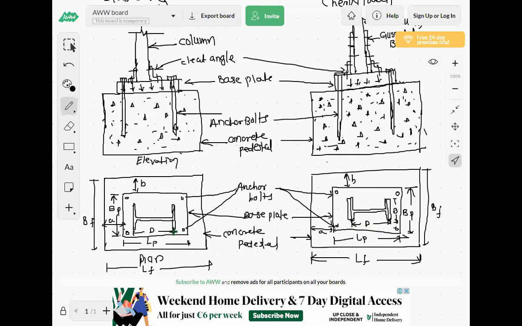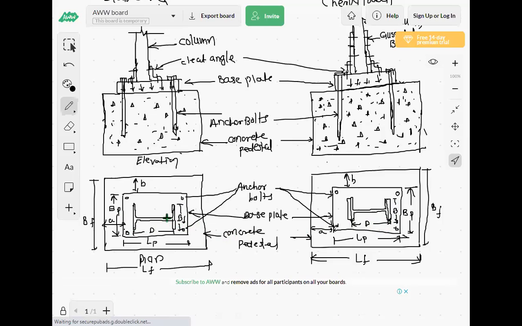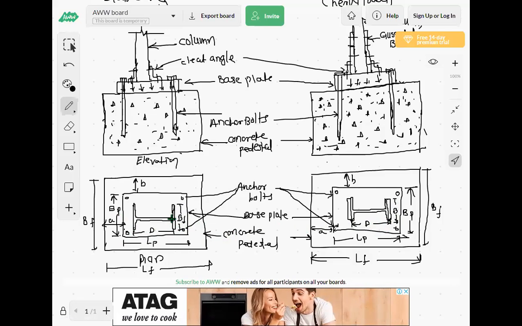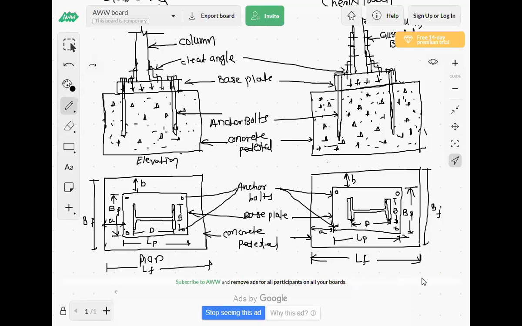Here again, this is the depth, and this is B or BF we are calling, the width of flange of the I section. So now, have you drawn this?